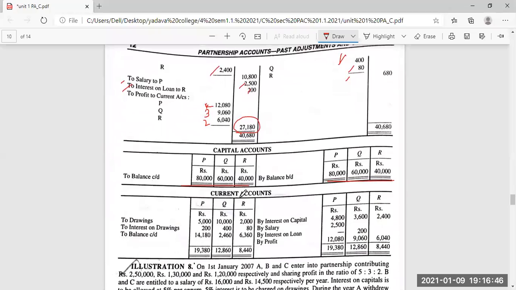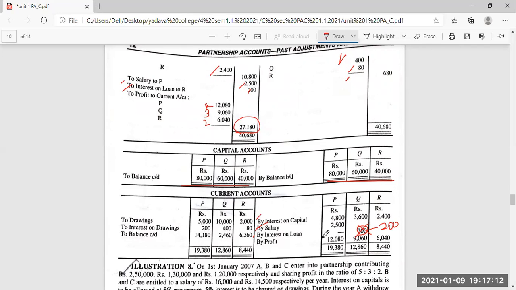Then we move on to the current account. Interest on capital, we have already calculated. Then salary, then Q is getting interest on loan. Sorry, there is a calculation mistake. Only R is getting 200, so we have to move this 200 to R, not Q. Book itself, they have given it wrong.